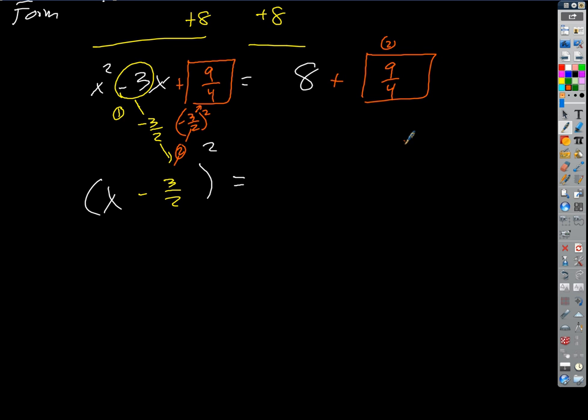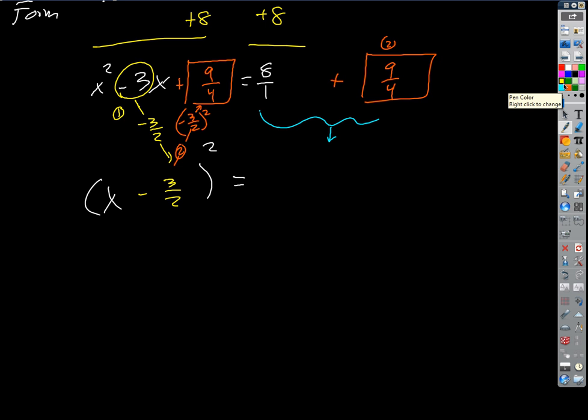And then all I've got to do now for step 3 is add up the numbers on the right side. So 8 plus 9/4. These are fractions, so I'm going to treat the 8 as 8/1. How do I always have to add fractions?